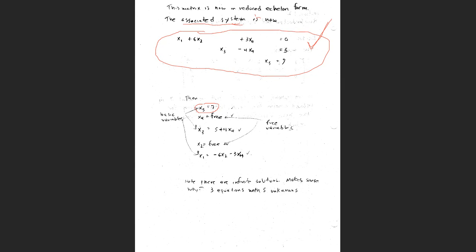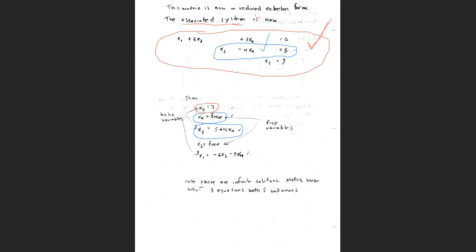We can't specify numbers for all the variables. x4 is going to be free, meaning x4 could be any number you want. But x3 is not free, because based on the second equation, x3 minus 4x4 equals 5, that means x3 will equal 5 plus x4.